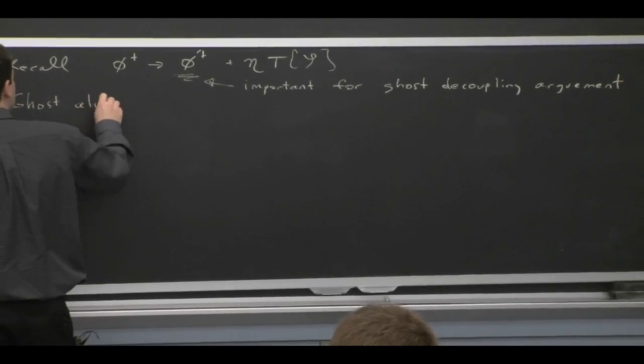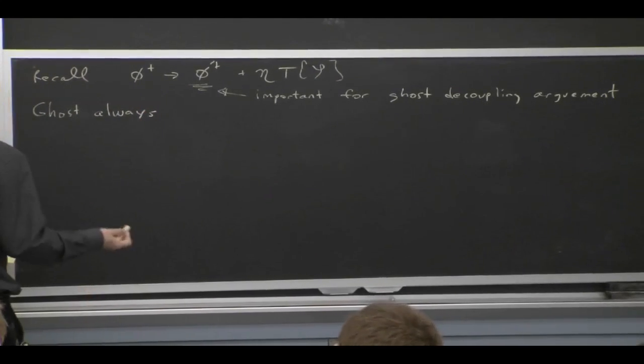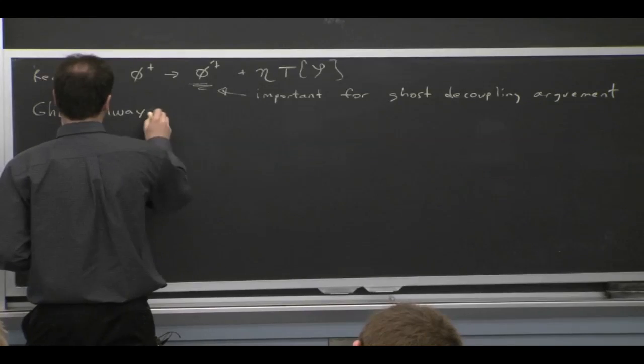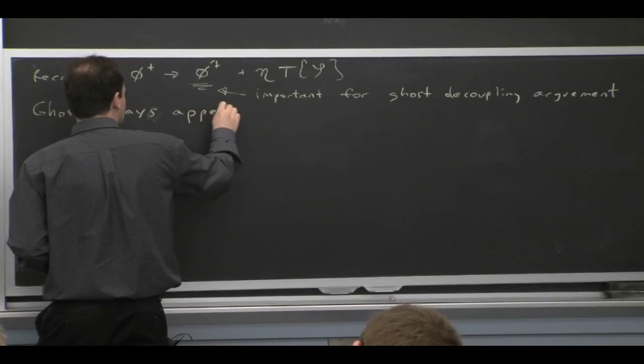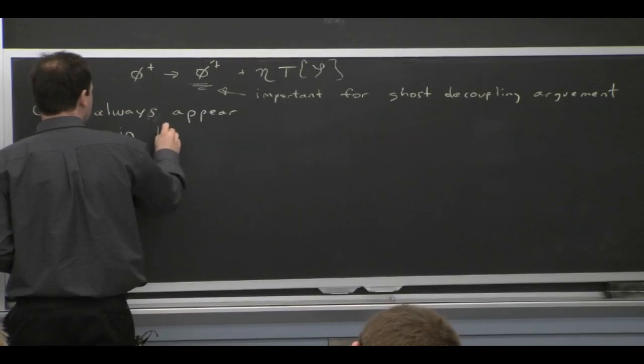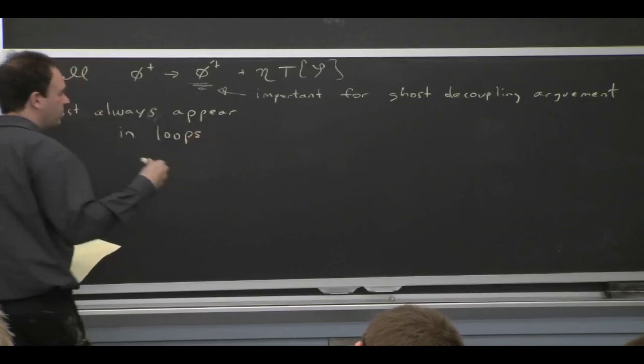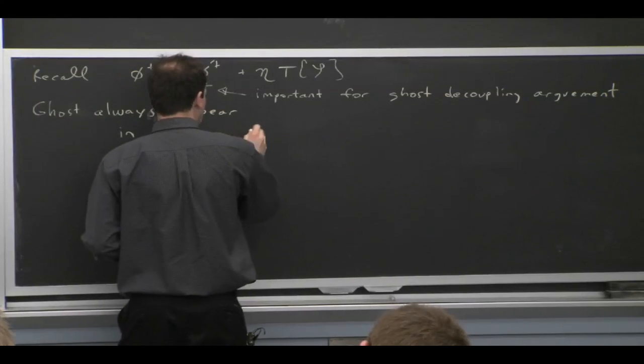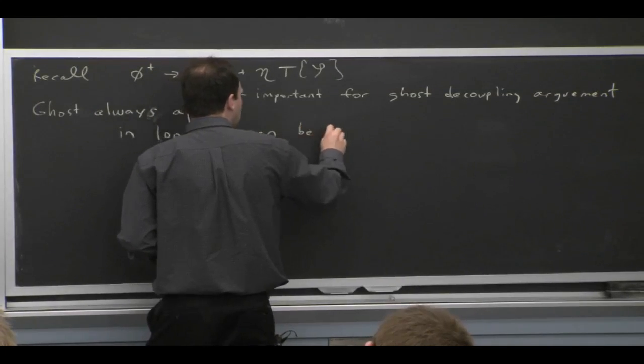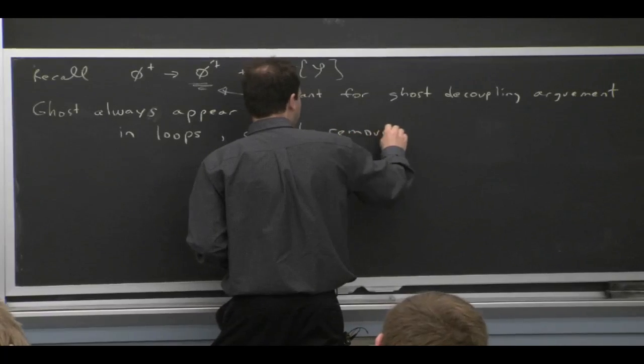So these ghosts, as you know about ghosts, always appear in loops. And so if you want to think about removing this massive particle, it's like a massive particle that occurs in some loops. It's really just like that.